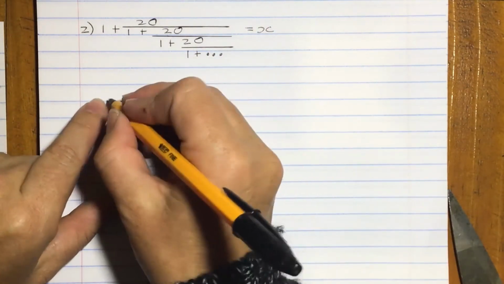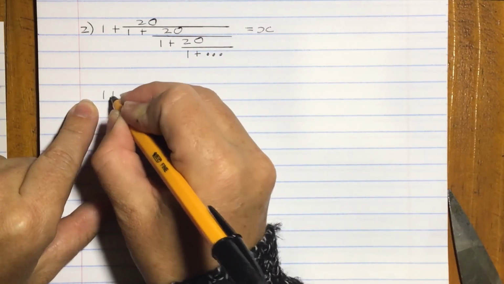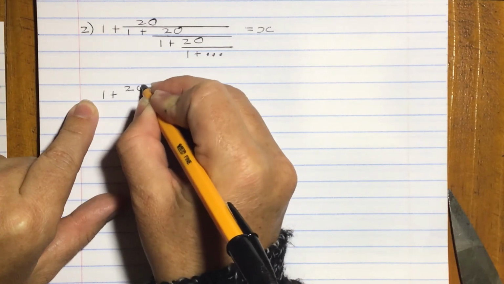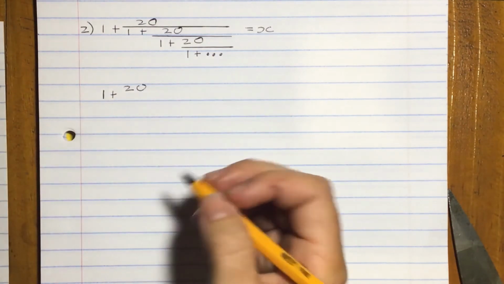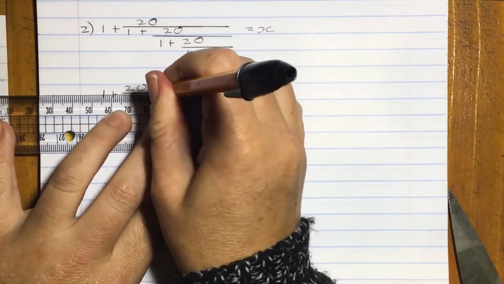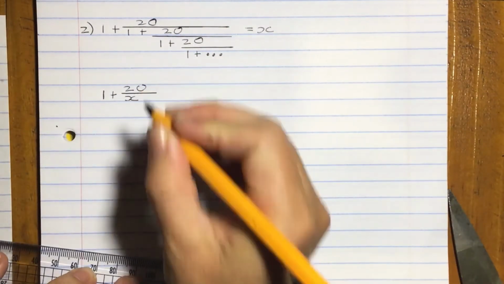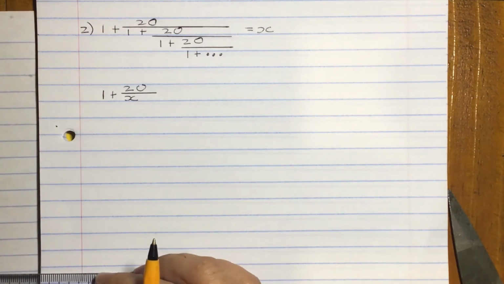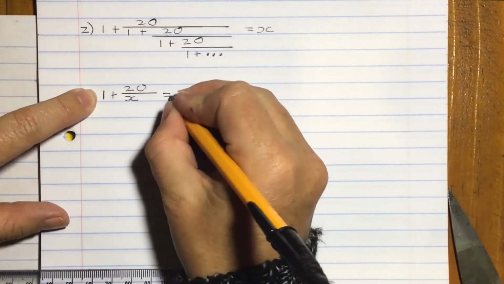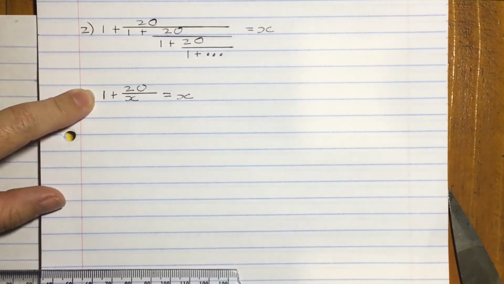So it's going to be 1 plus 20 over 1. Wait, I've already got my 1. And that's when you know you need to put your x, because now you are going back to the start of your pattern. And so that will be equal to x.